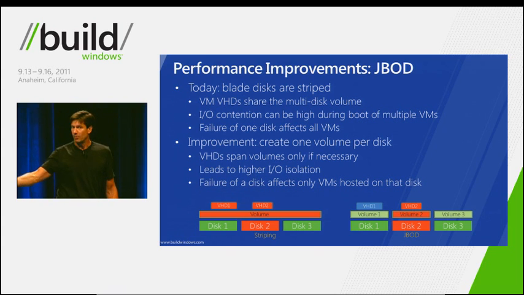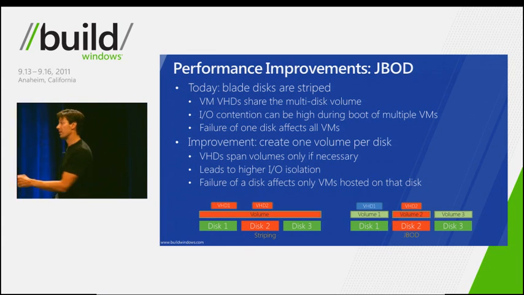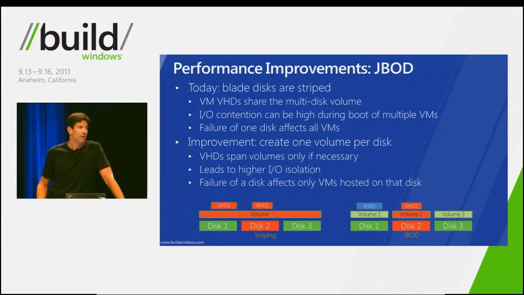And in the future, with new server technology in the data centers, we'll probably be able to come and replace the disk that's gone bad. That's probably way further down the road, but we're working on that. But the other benefit you get here is that VM1 can be going crazy on its disk and VM2 at the same time, and they're not affecting each other. That improves the performance of boot and improves the performance at runtime as well.